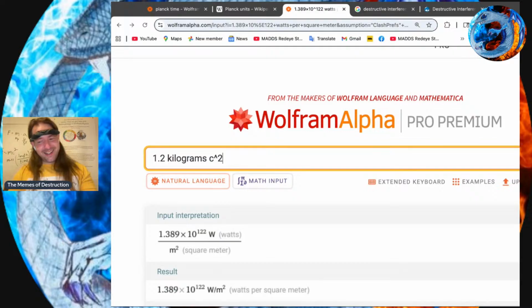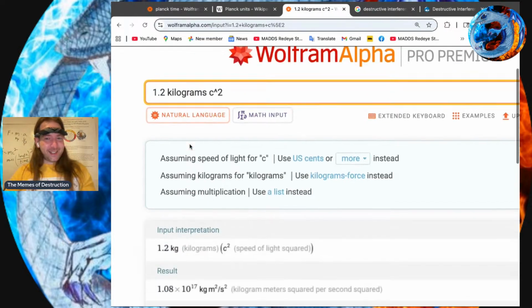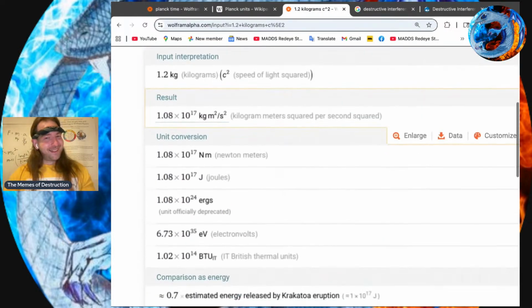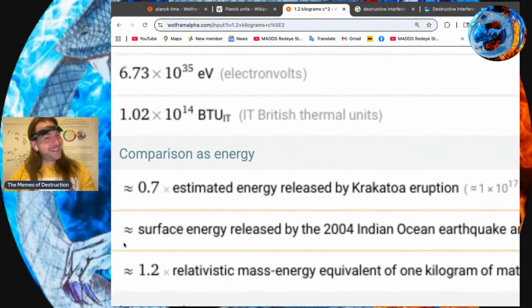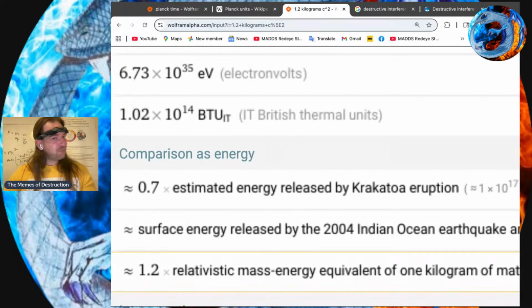Okay, you run the calculation, c squared. Oh crap, 10 to the 17 joules. Then you realize that's overkill for an energy blast, unless it's a sufficiently powerful opponent. Doing the c squared transformation, you're releasing an order of magnitude of the energy released by the Krakatoa explosion.